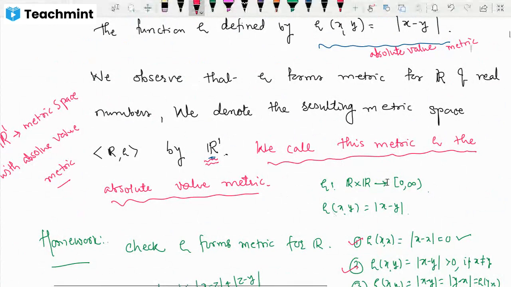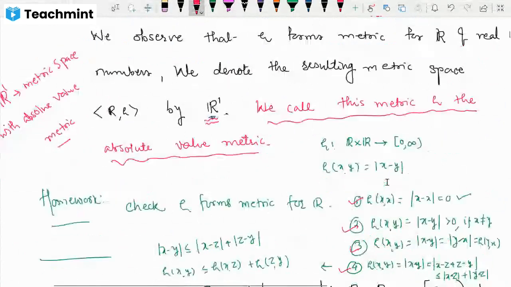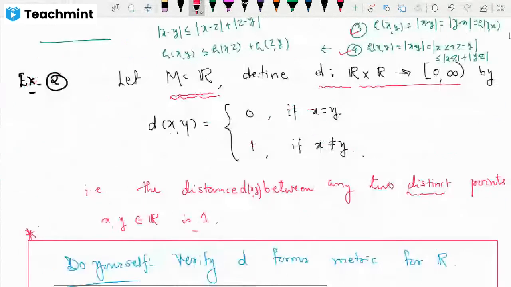Then we have seen the second example, that is, the same set of real numbers, and we define a different mapping on R cross R to the closed interval 0 to infinity, and it is defined by d of x,y equal to 0 if x equals y, and it is equal to 1 if x not equal to y. It means that the distance between x and y is always either 0 or 1.